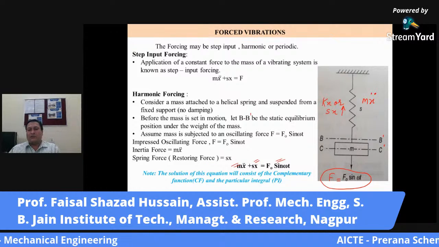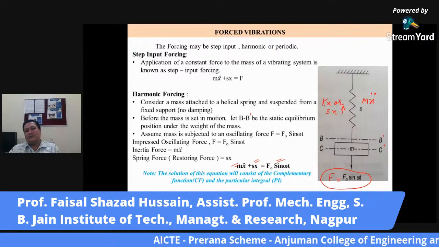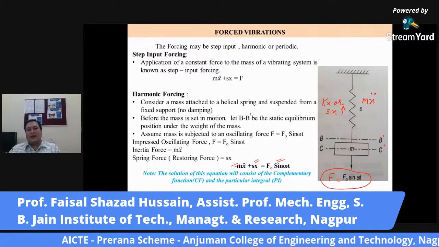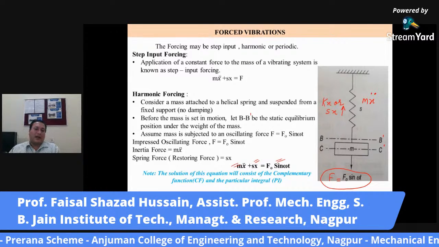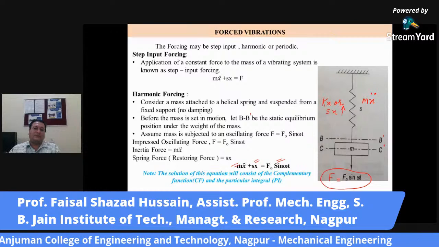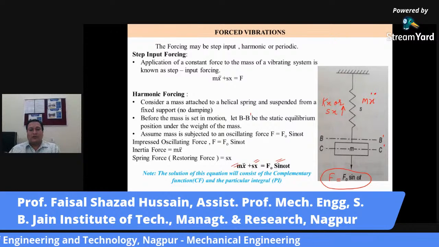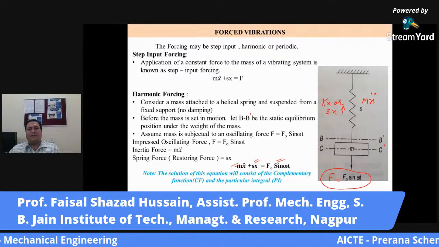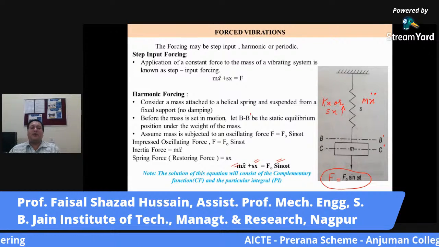So generally, what is periodic forcing? In periodic forcing, the motion will repeat itself in all details, and after a certain interval of time, again it will be repeated. So there will be repetition of motion after a certain interval of time. So it is known as periodic forcing.